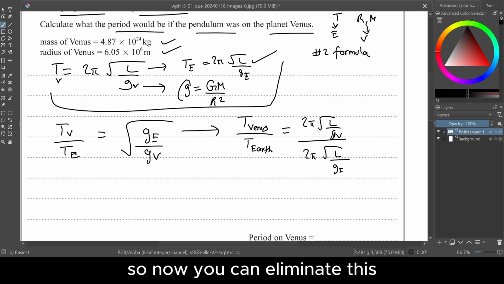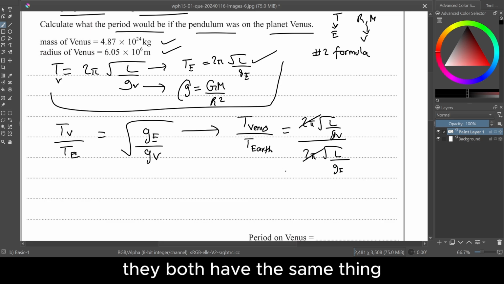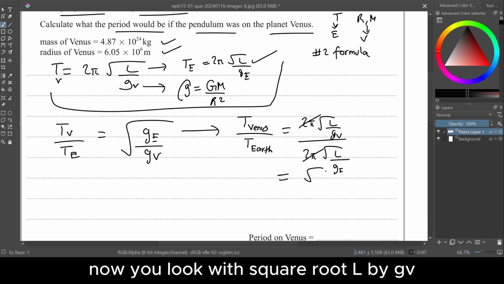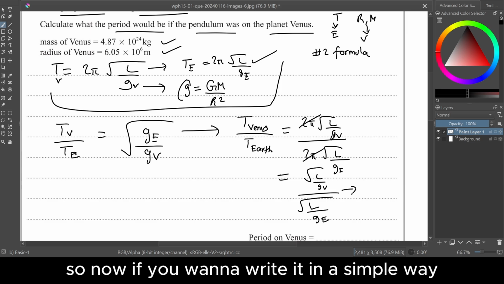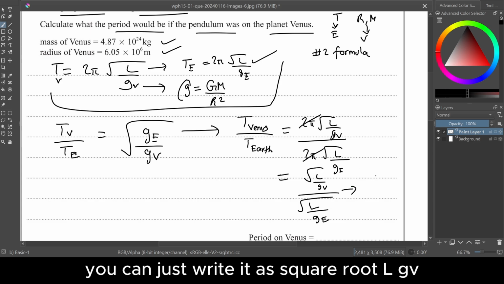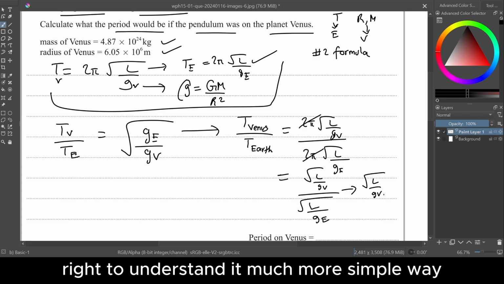Okay, so now you can eliminate this. They both have the same thing. Now you're left with square root L by GV over square root L by GE. If you want to write it in a simpler way, you can write it as square root L by GV, divided by square root L by GE.